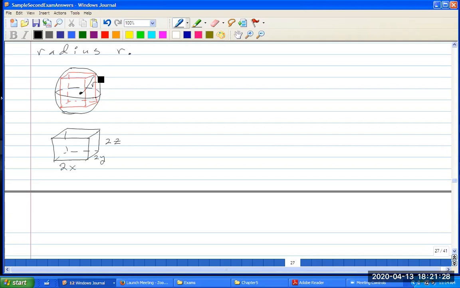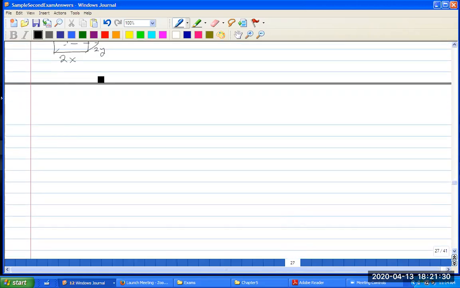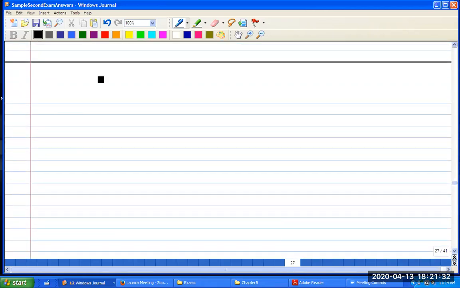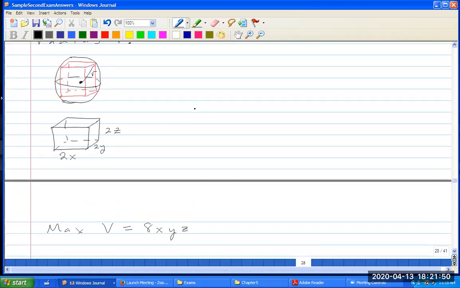And so I want to maximize the volume of the rectangular box. So the volume is length times width times height.